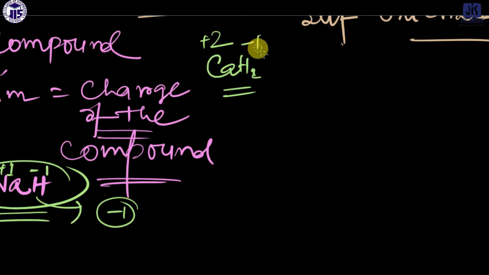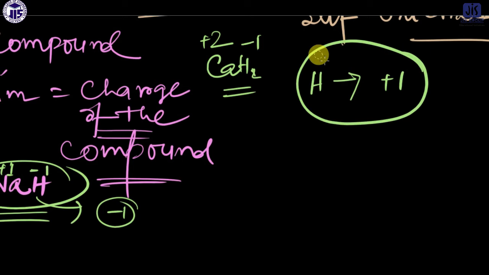In all hydrogen-containing compounds other than metallic hydrides, the oxidation number of hydrogen will be +1. Keep in mind, only in the hydride case it will be -1.